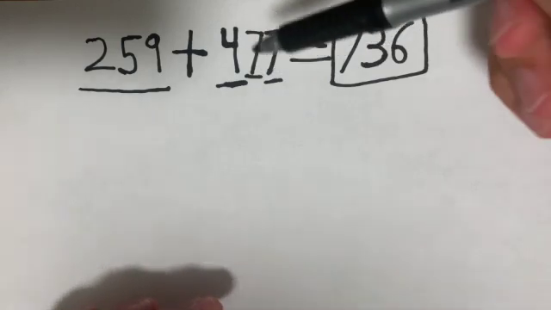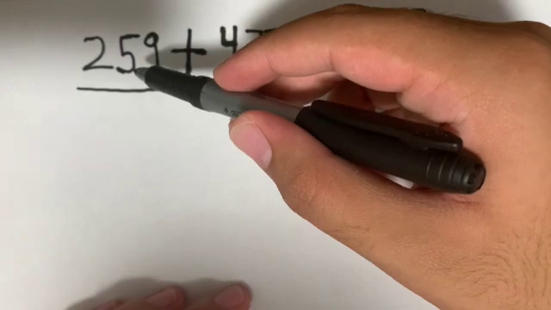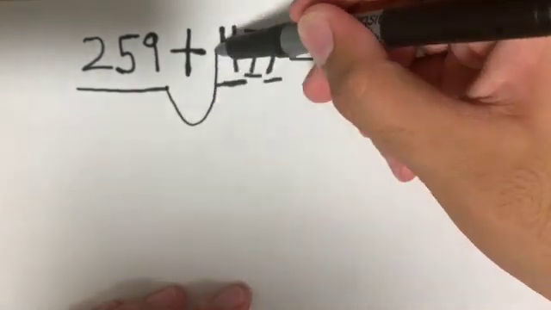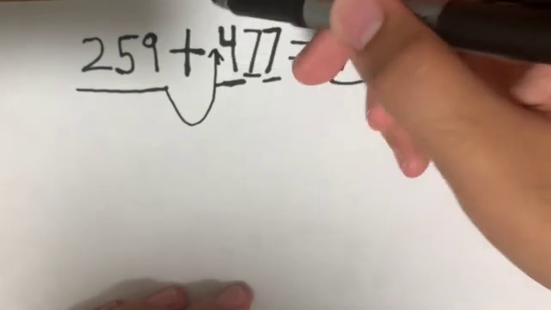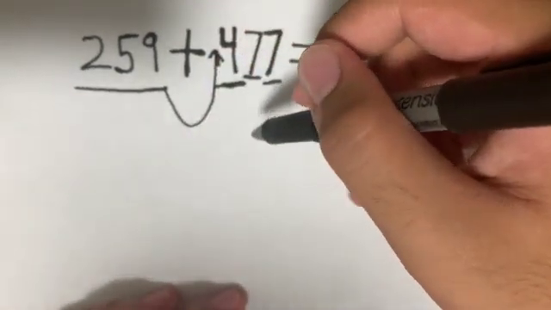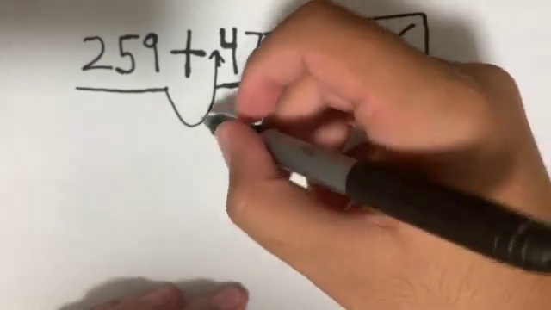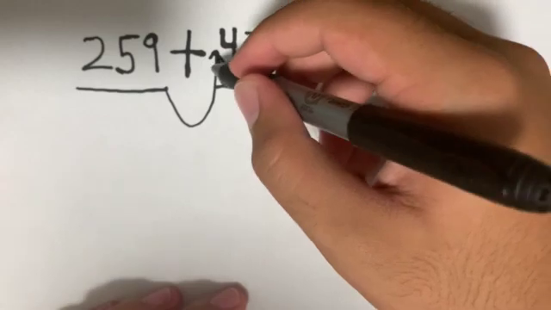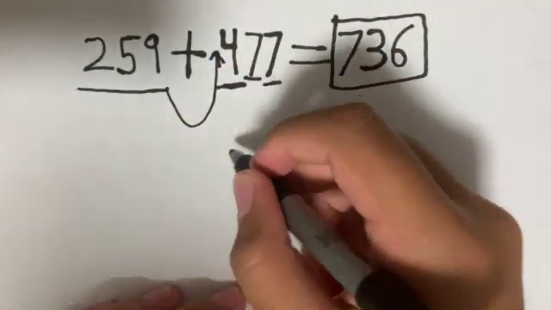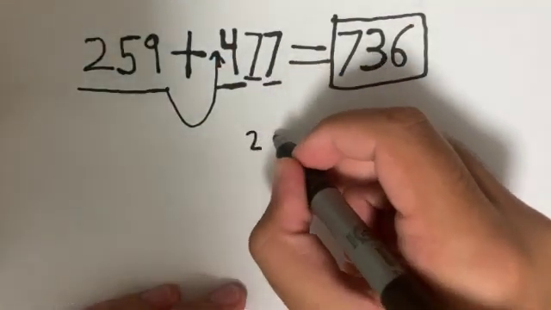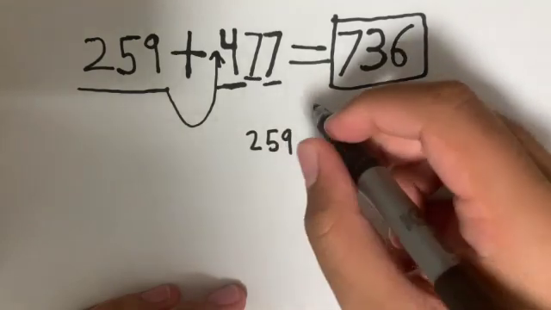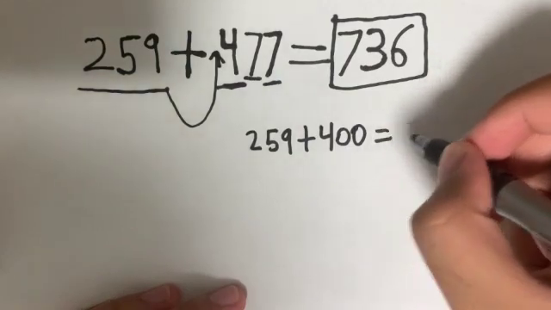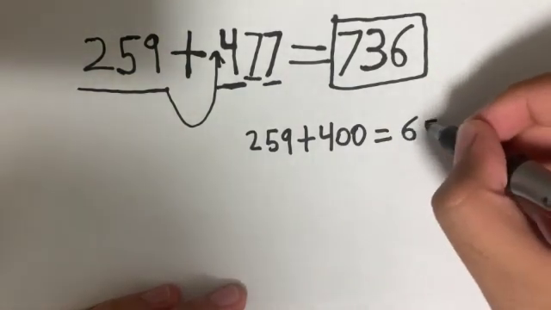To recap what I just did, I took 259 and added 100 four times, so 259 plus 400 is equal to 659.